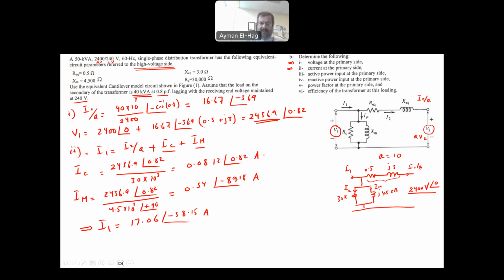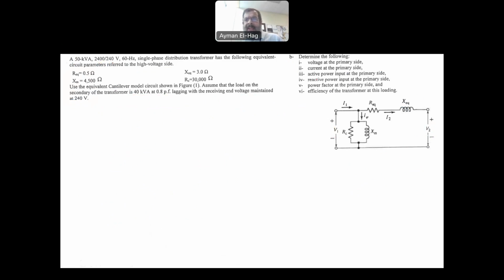Then let's move on here. Find the active power input. Your P input is equal to the voltage V1 times I1 times cosine of theta V1 minus theta of I1. We have all the information.